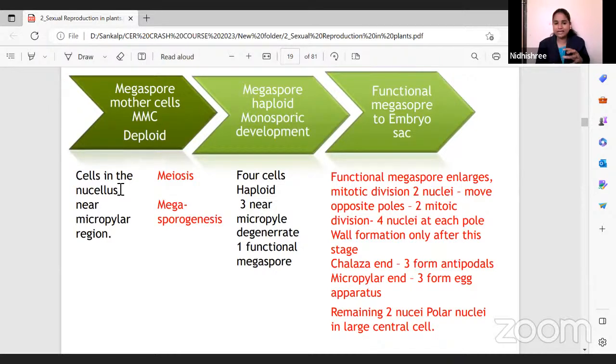Three will be near the micropylar end, and one will be the ovum or egg, which will be functional. The functional megaspore enlarges and undergoes mitotic division to form two nuclei which move to two opposite poles. They are called polar nuclei.